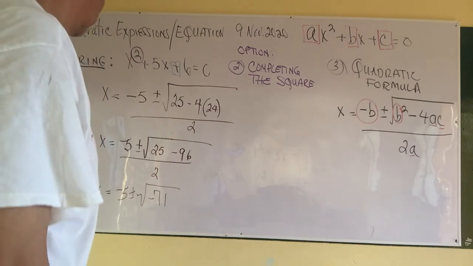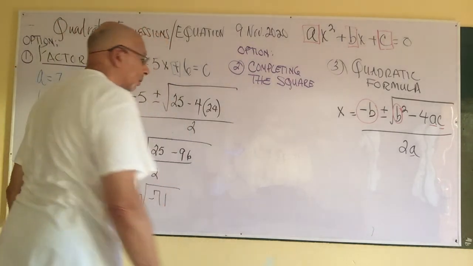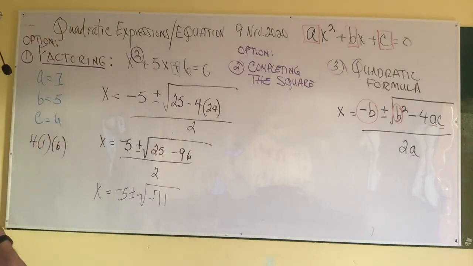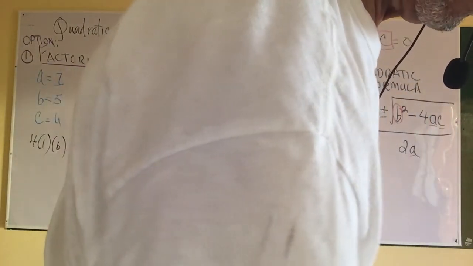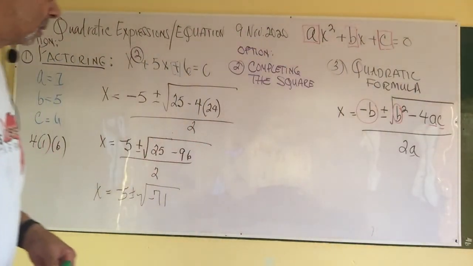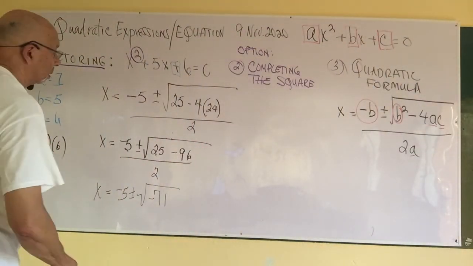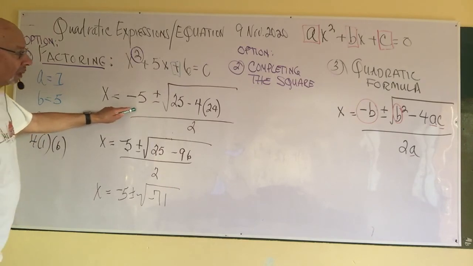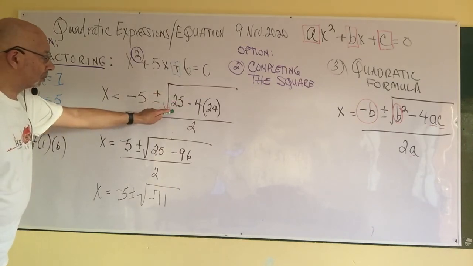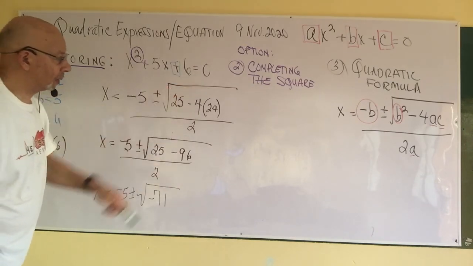Okay, and looking at this, I see what has created a problem. I was a little bit too hasty, so let's go back together so that you'll see the mistake I made and you can see how easy it is to make a mistake. So in the formula, I plugged in minus 5 for b, b squared was 25, then I have 4ac.